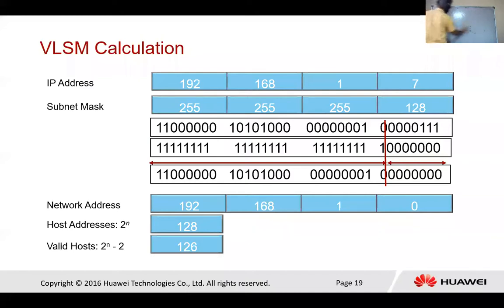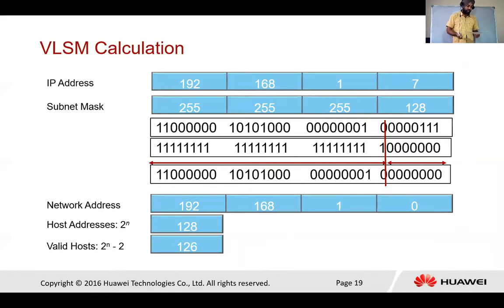That means we are talking about classless IP addresses. VLSM is used specifically to save IP addresses.